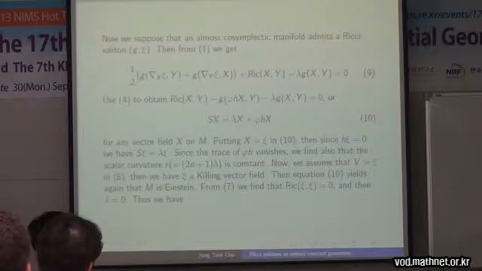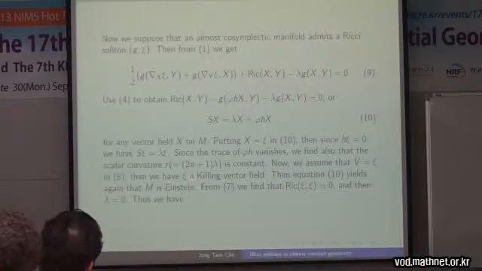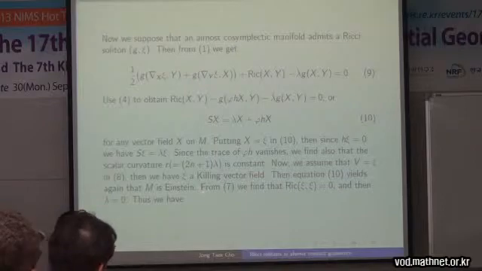Now we assume that in our lemma, we put ψ, then you have already ψ becomes a Killing vector field. Then equation 10 says that again M is Einstein.